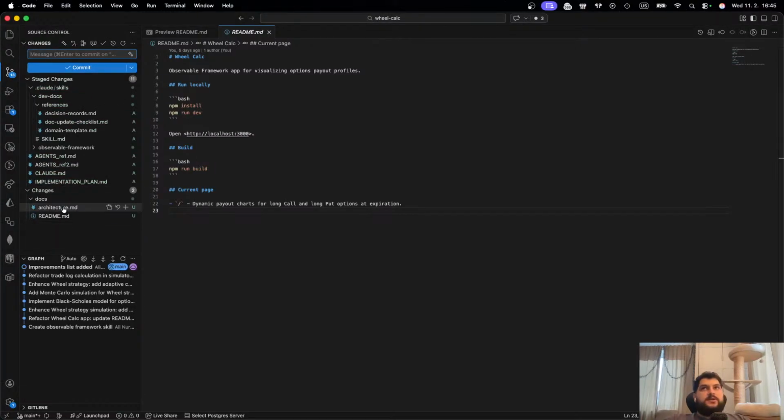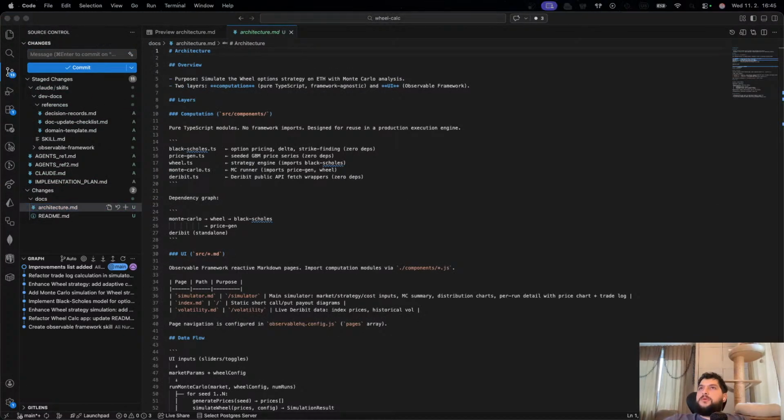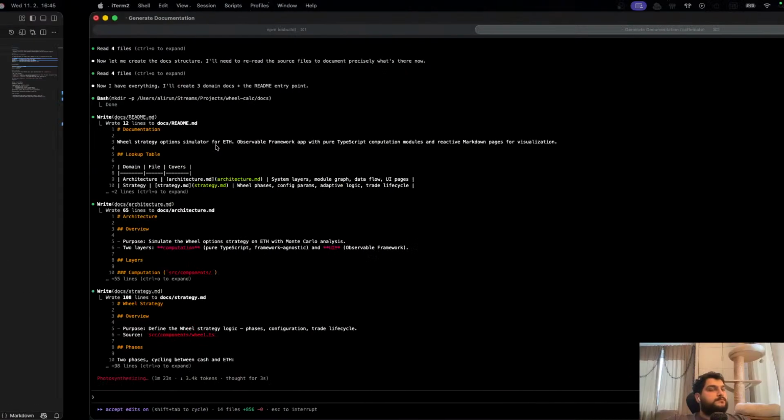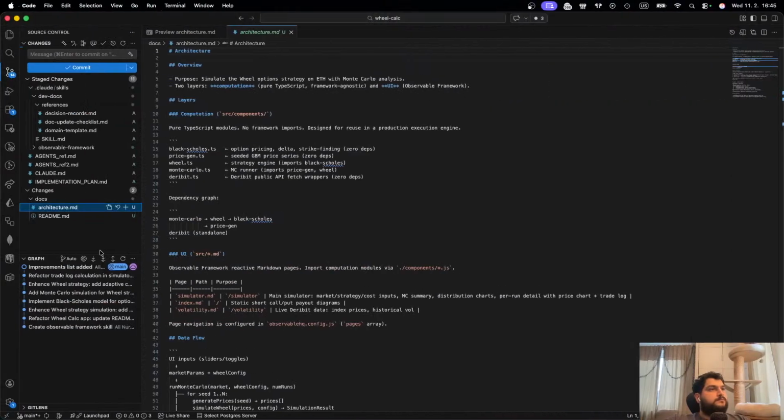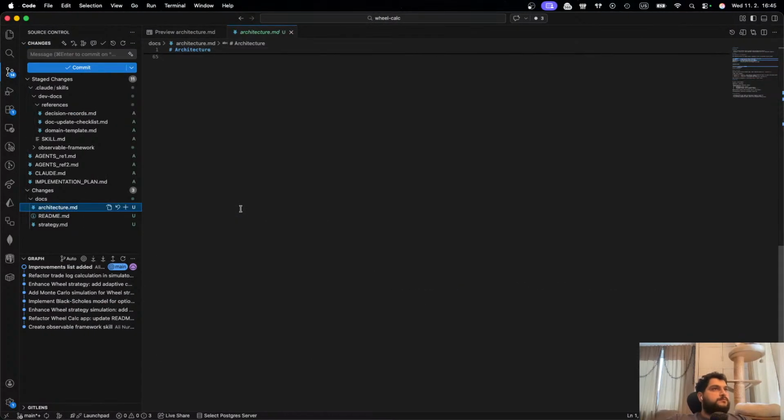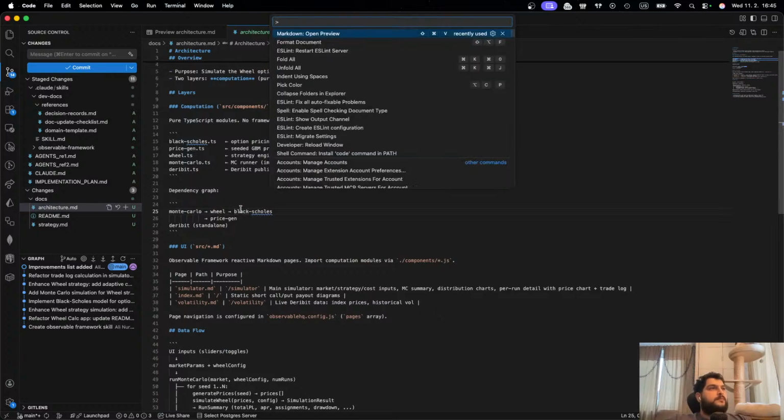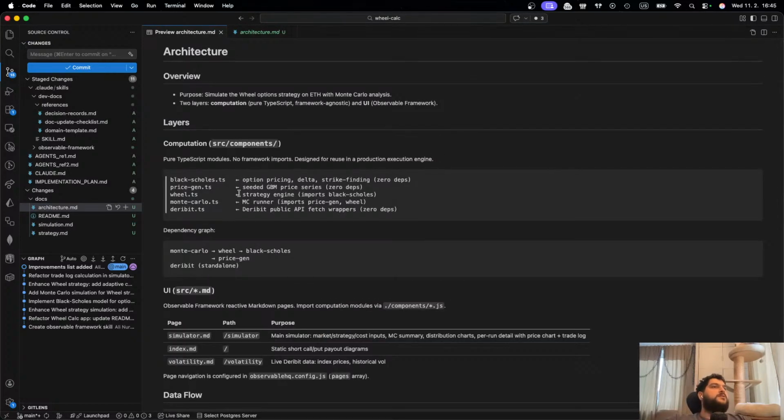We have our first documents now, documentation about the project. This one describes architecture.